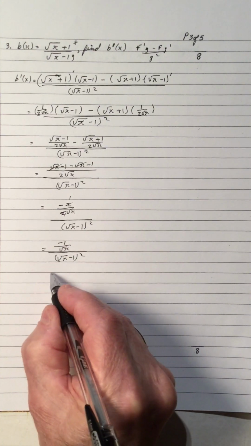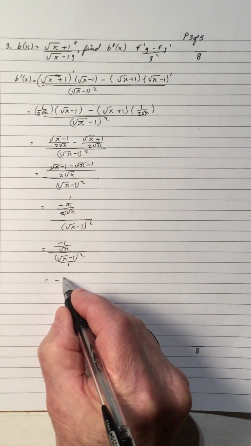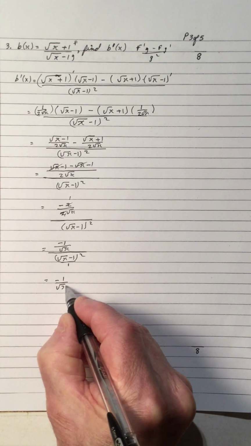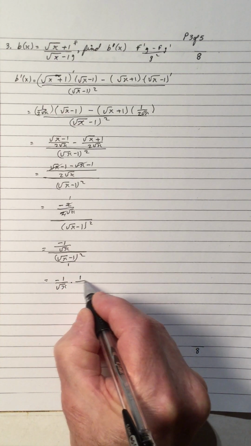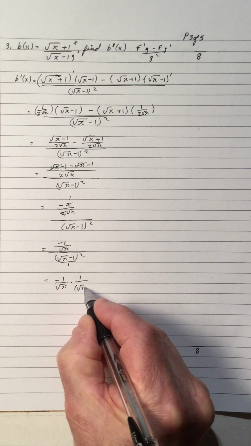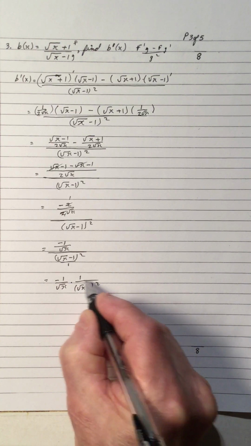And this is a complex fraction, so let's put it over 1 here. So that's negative 1 over root x. We're dividing, so we multiply by the reciprocal, so it's 1 over root x minus 1 squared.